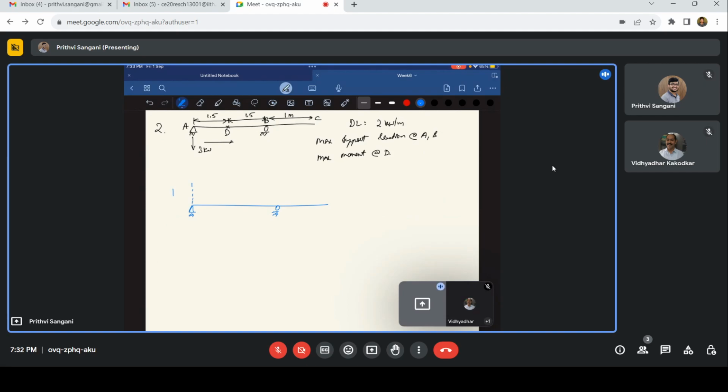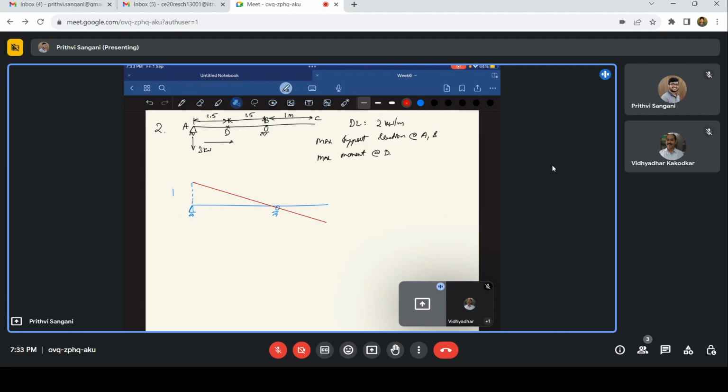So you remove the support. If you want to find the shear force at a certain point, and it is a support, you remove the support and lift that point by one unit and see the deformed shape of the beam.